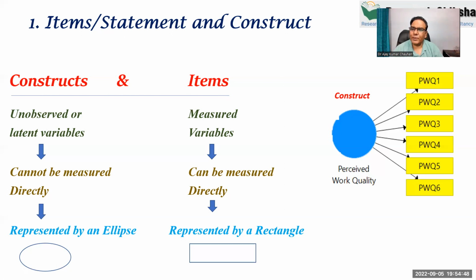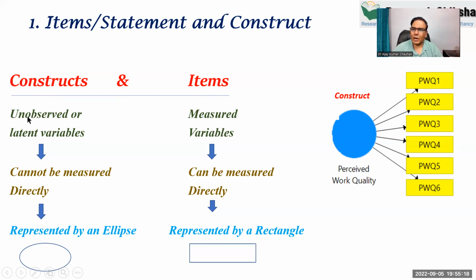Rather, feedback can be measured with the help of some statements. So the blue circles are basically the constructs, like the feedback, and these are the items which we use to measure the feedback. Simply, yellow means item or indicator, and the circle means the construct. This is the difference between construct and item.